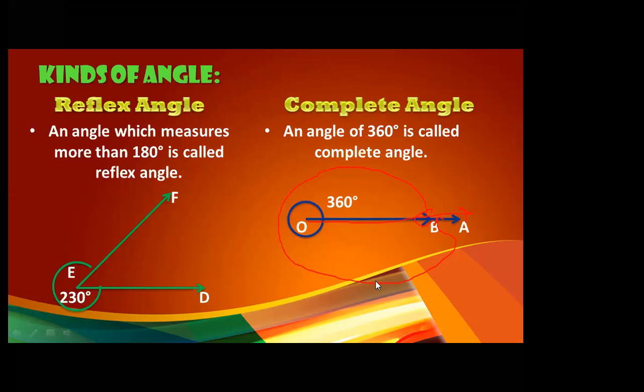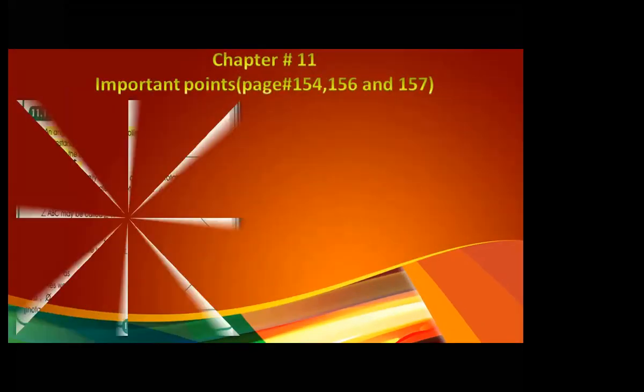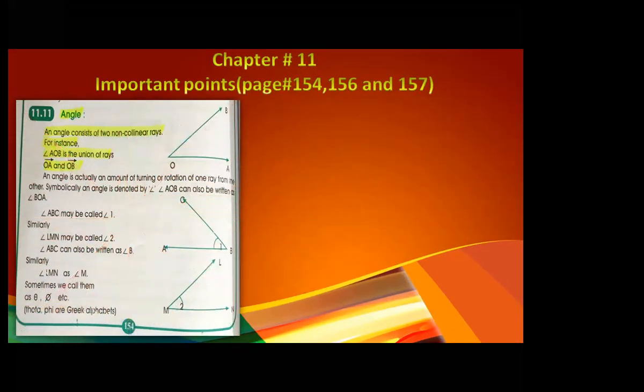I hope you have your books here. Kindly mark important points in your books. Now open your book, page number 154. On page 154, you have the definition of angle. Kindly highlight it. This is the definition of angle, and this is the figure of angle.